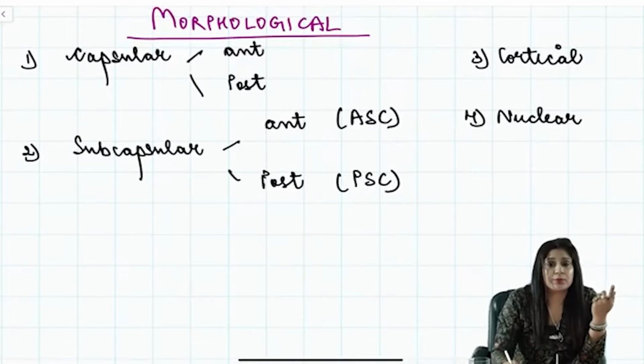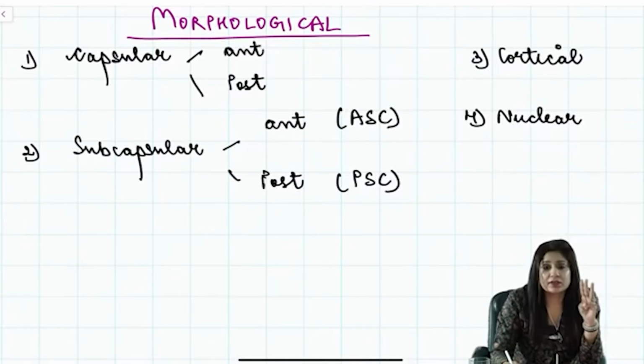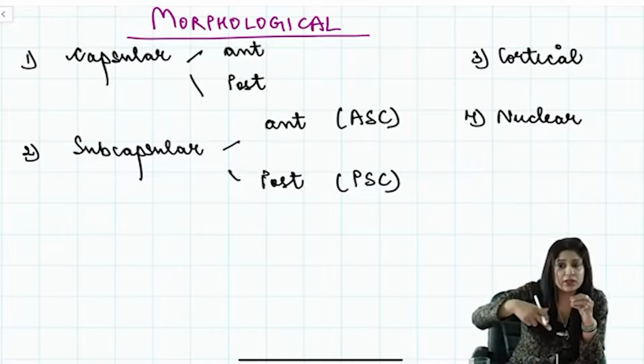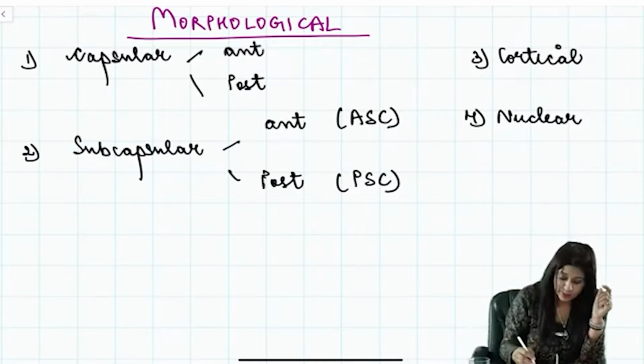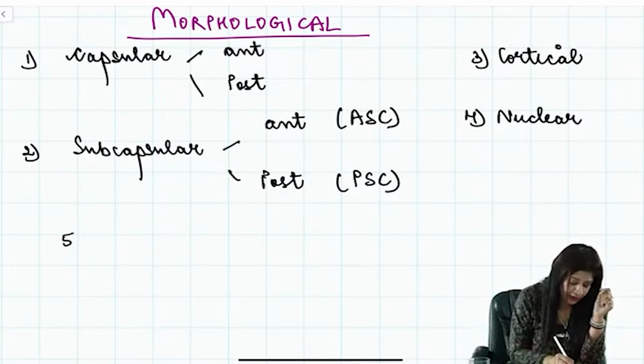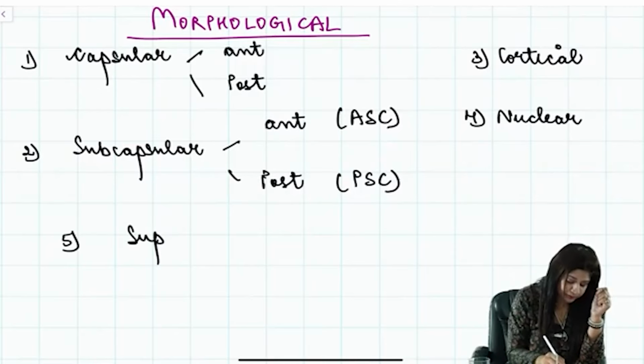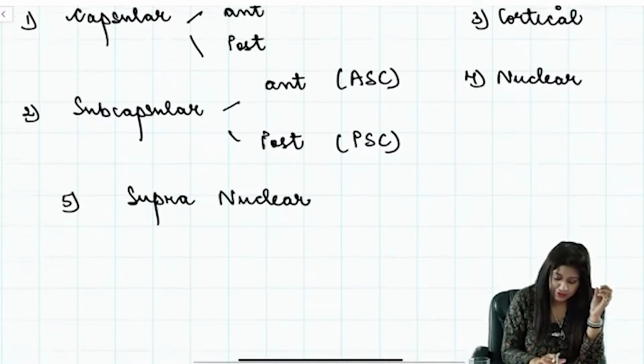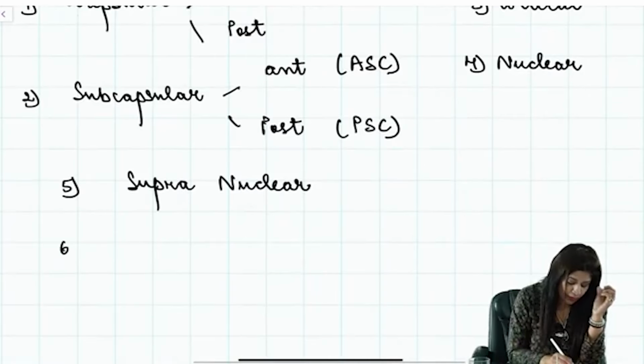Anterior capsular, posterior capsular, anterior subcapsular, posterior subcapsular, cortical, nuclear. And what was there between cortex and nucleus के बीच में क्या था? The lamellae. So it can be between this also. That is called as the supranuclear. And finally the polar.